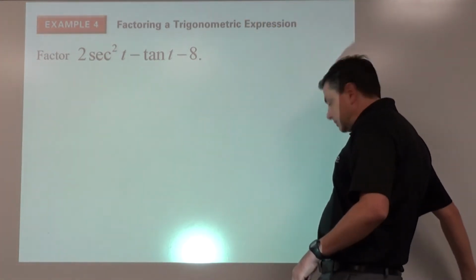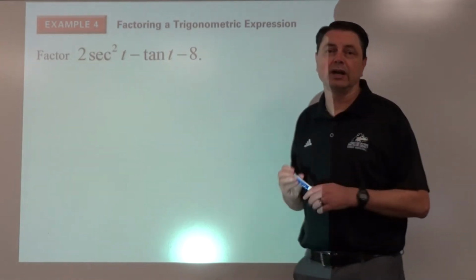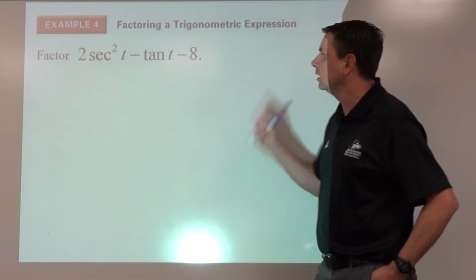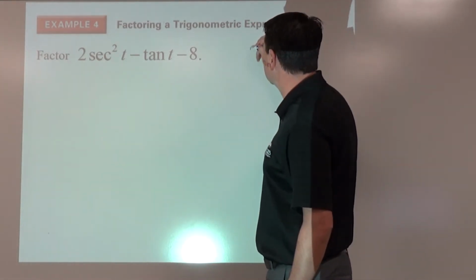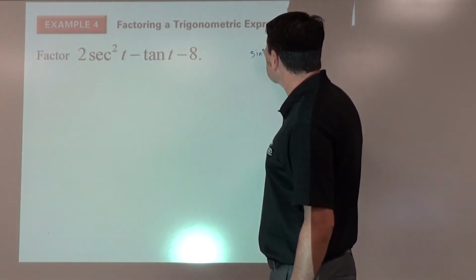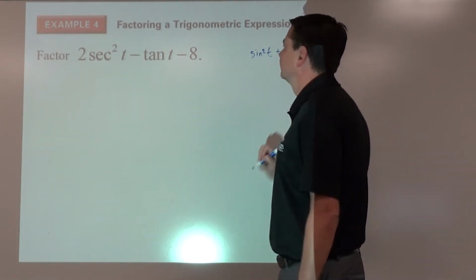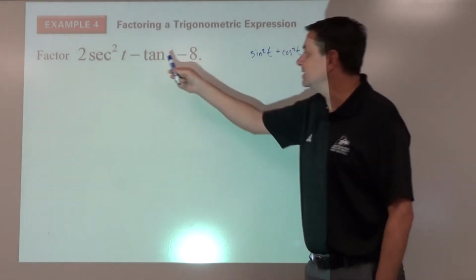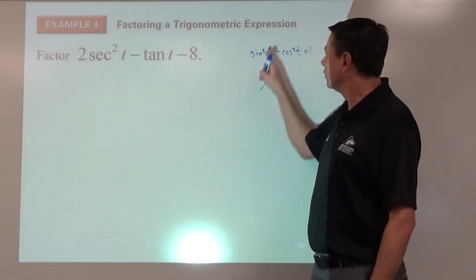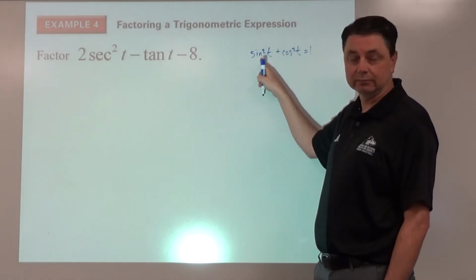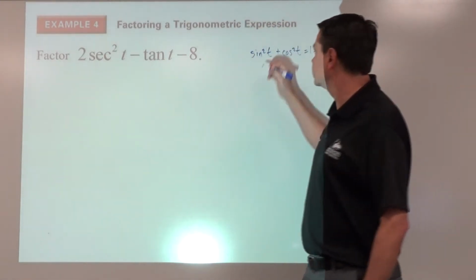And I'll be honest, I don't have these memorized. I do know the basic one, and then we can manipulate from there. So in terms of t's, I do know that sine squared t plus cosine squared t is equal to 1. And to create tangent, we would divide this by cosine squared t. That actually makes tangent squared t. So I'm going to do that.